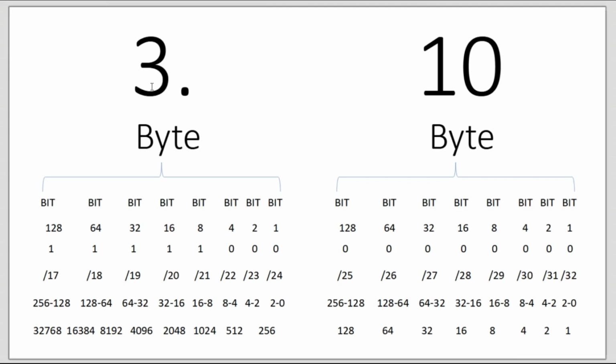Someone tells you it's 3, you know immediately, okay, /23 in this case. Otherwise, if it's in this octet, for example, someone tells you /28, you know immediately it belongs to 32 to 16.